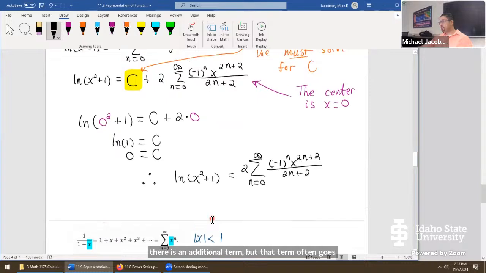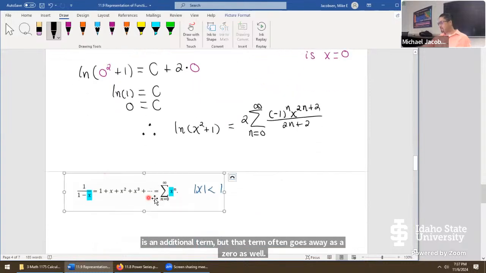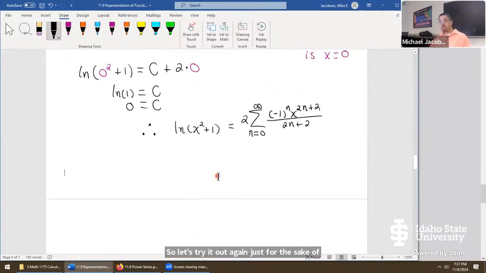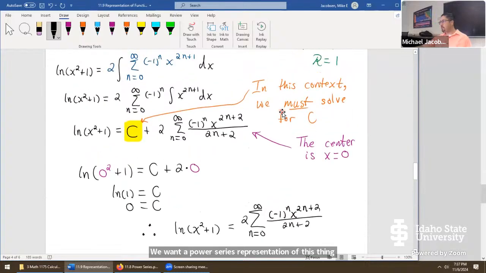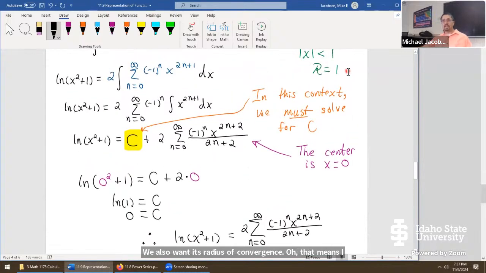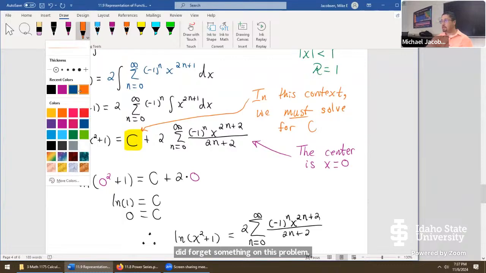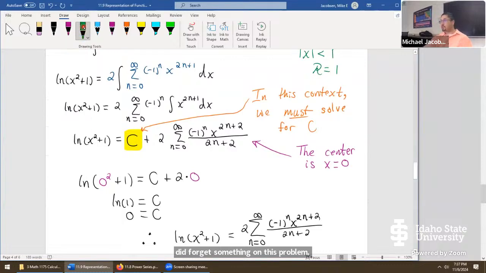So let's try it out again just for the sake of extra practice. Here's the next version of those same kind of problems. We want a power series representation of this thing. We also want its radius of convergence. Oh, that means I did forget something on this problem. We did say it, the radius of convergence is 1, but we should re-say it at the very bottom, because this was a conclusion for f prime of x.